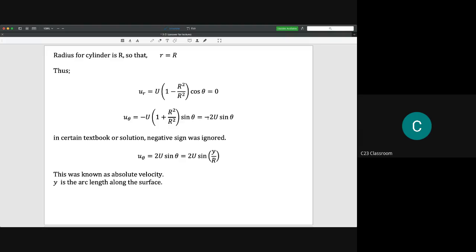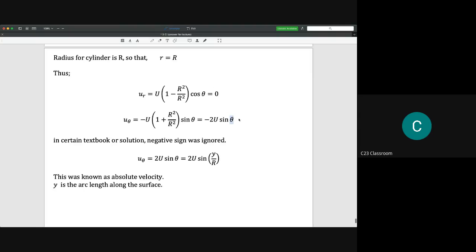In some textbooks, I think in our textbook here, which is not our viscous fluid flow textbook, it ignores the minus sign, but some other textbooks strictly use the minus sign here. From this equation, we could determine the maximum value of velocity. It occurs when theta is equal to pi over 2.